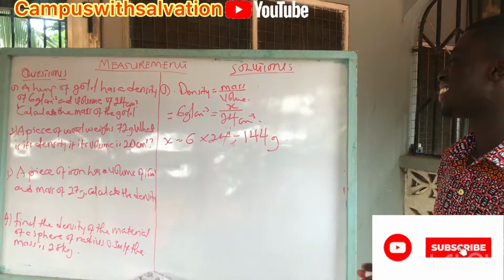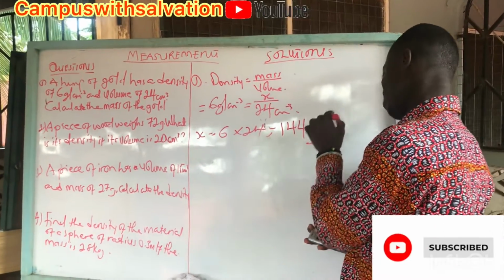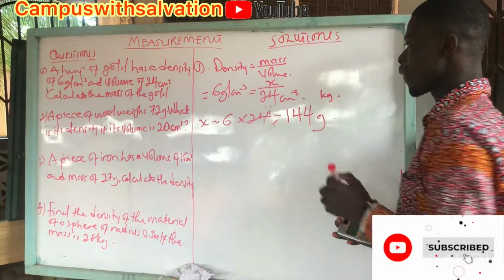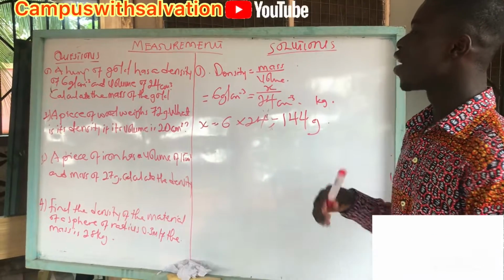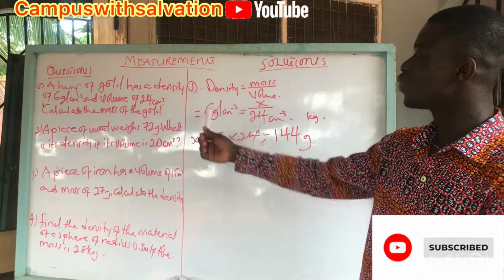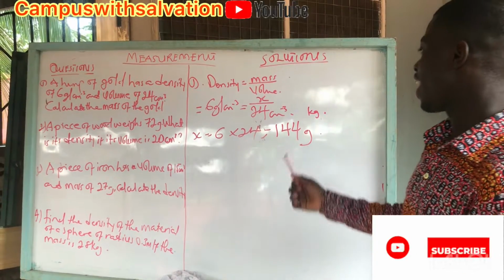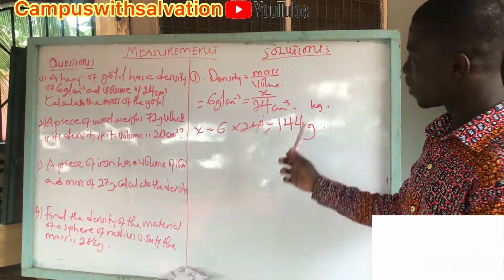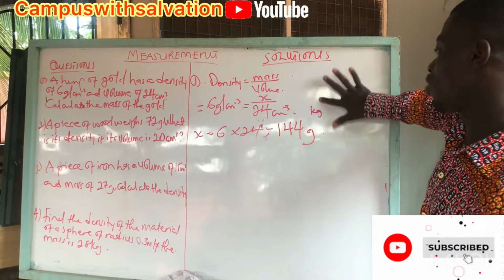Somebody might ask, why didn't you use kilograms? We didn't use kilograms because the density was given to us in grams per cm cube. So the final answer must be in grams, not kilograms, because we are not measuring it in thousands. So take note of that.